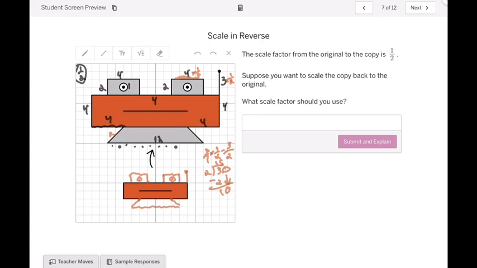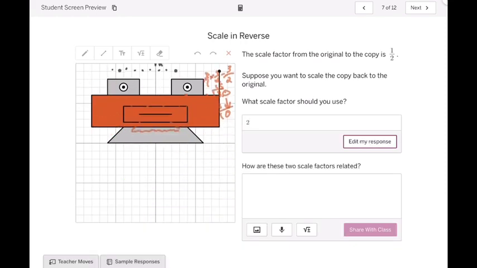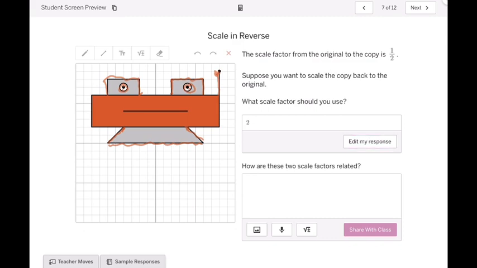So how do I go from 2 to 4 or 6 to 12? Right, so I'm doubling it, I'm multiplying it by 2. And so it does indeed get me back there. So how are they related?